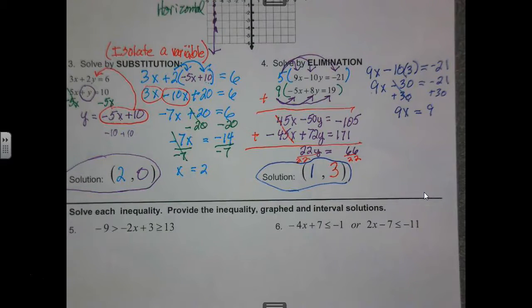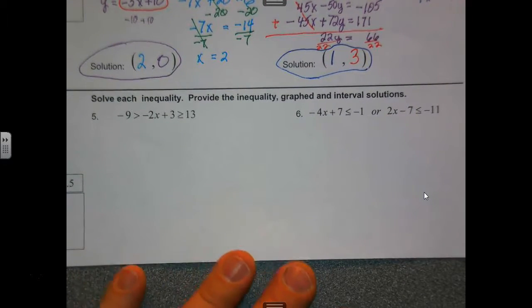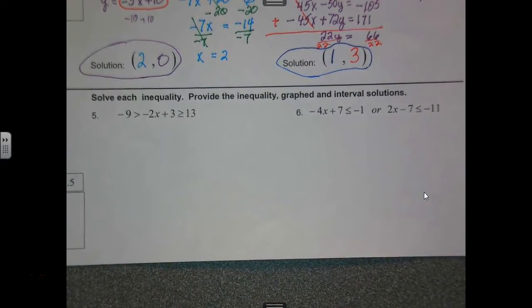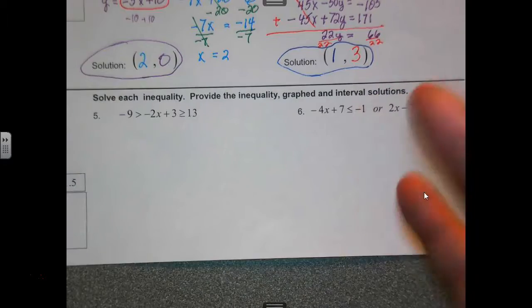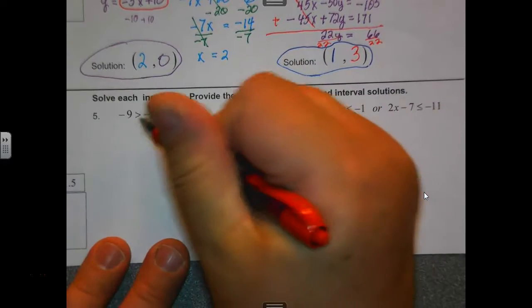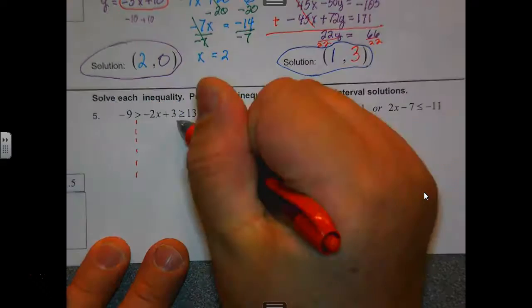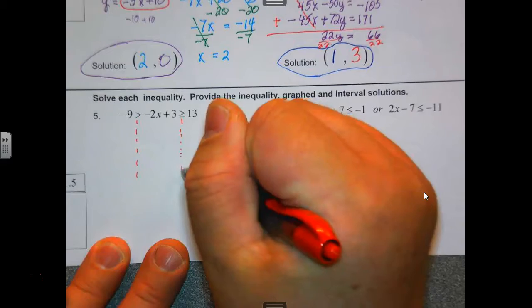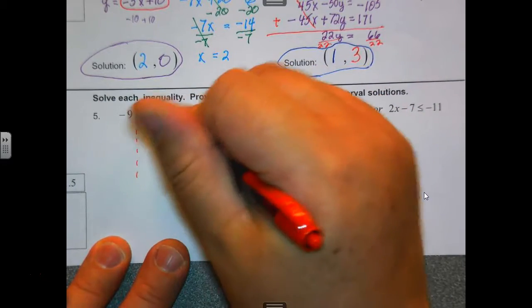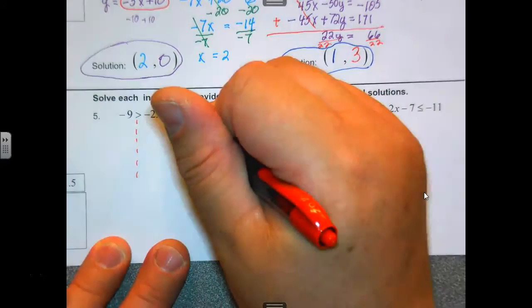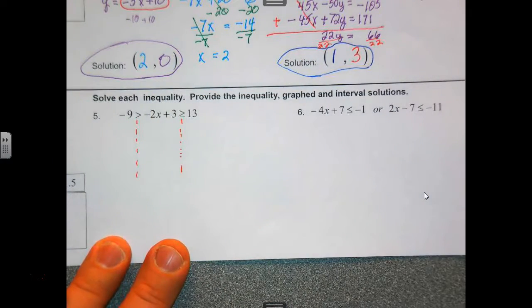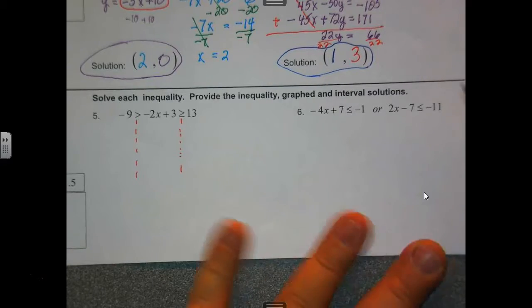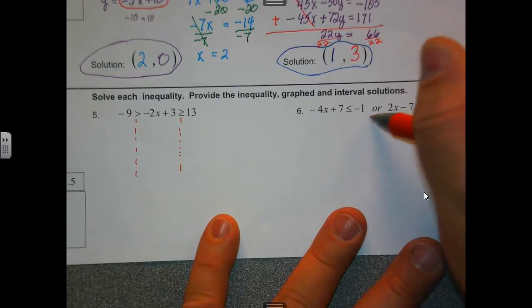Okay, the next section, 1.5, was compound inequalities. Okay, this is one of those squished sandwich problems. So this is going to be an and problem. This is an or problem.